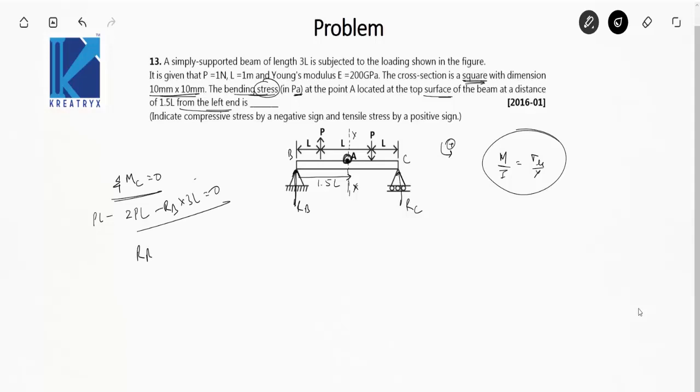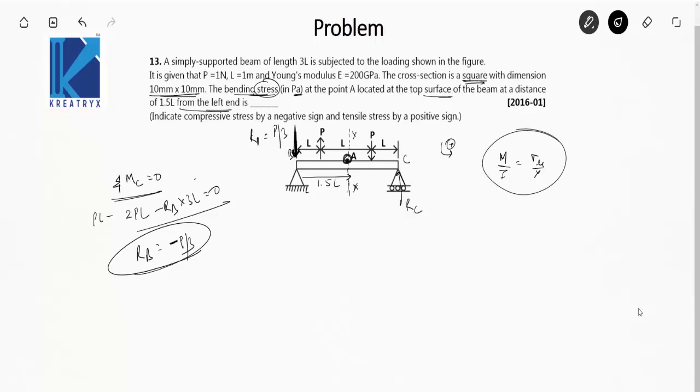You can find RB, which is equal to minus P by 3. So actually the direction is opposite, that is RB is acting in downward direction. This is the actual direction, so this is P by 3. So RB is P by 3 in the downward direction.